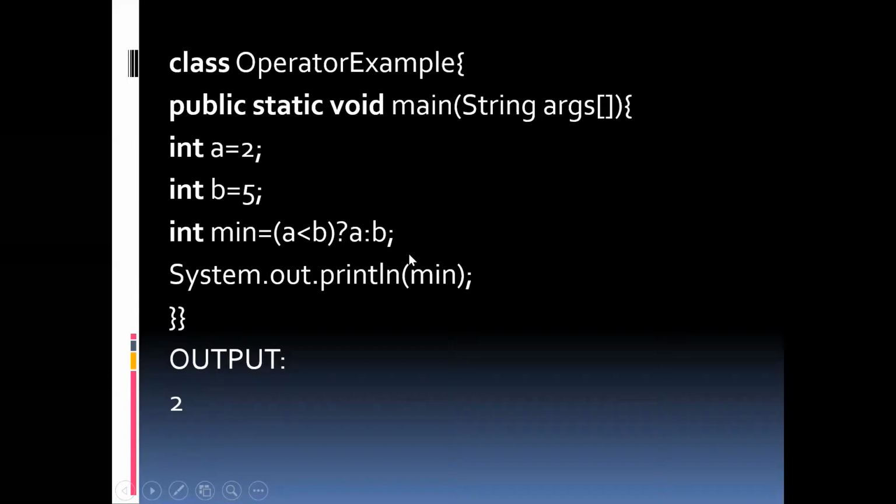If the condition is true, expression 1 will be the result of this expression. If it is false, expression 2 would be the result. In the sense, it's the same as an if then else statement. If you take here 2 less than 5, yes, it's true, right? Then a would be the result. What is a? 2. So 2 will be the output.